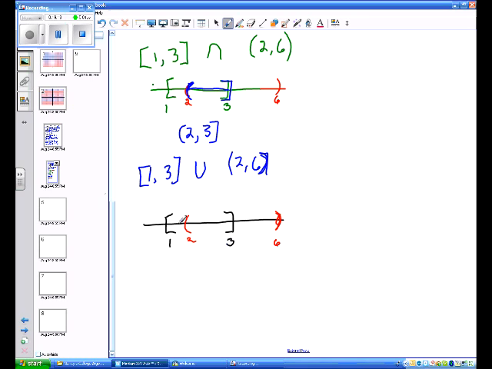We want everything that was in this one combined with everything that was in this one. So what we're wanting is all the way from here to here. Now, we would write that the 1 was included in this one, so it would be a square brace, and we go all the way to 6. But 6 was not included in either one of them. And so that would be our answer for that one.